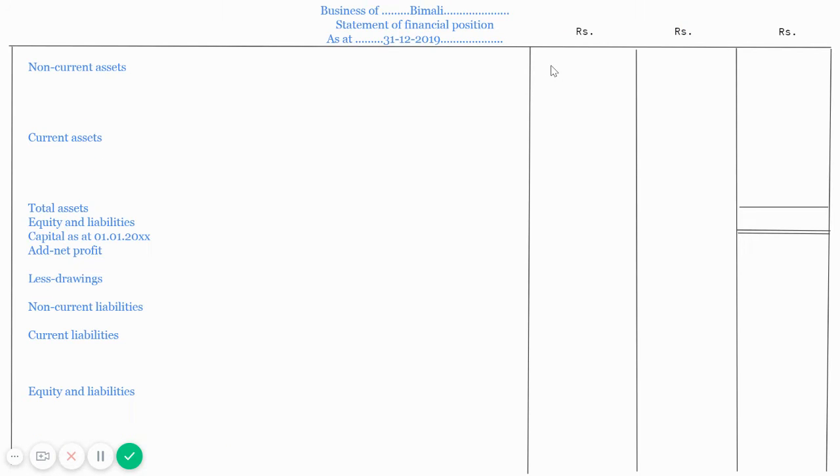In parallel, in the statement of financial position also, you have to write this heading according to the given sum: Business of Bimali Statement of Financial Position as at 31st December 2019, and the rupees must be indicated. 3 columns should be there. At the moment, without adjustments, we won't need 3 columns, but we'll stick to that format and proceed.